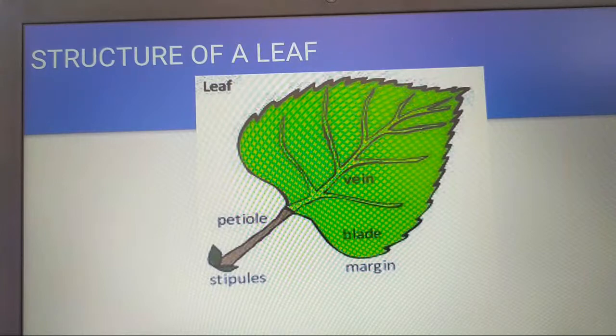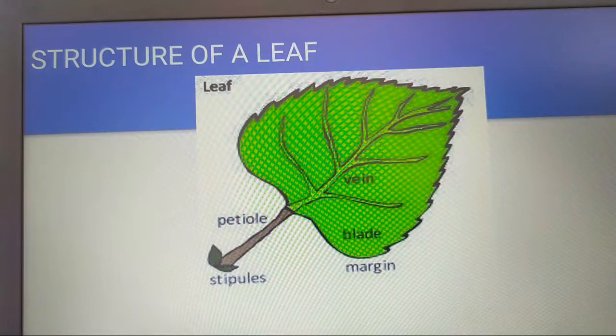Veins perform mainly two functions. One is transport of water and food to different parts of a leaf, and the other is providing support to the leaf. The veins, along with the midrib, provide shape and support to a leaf.